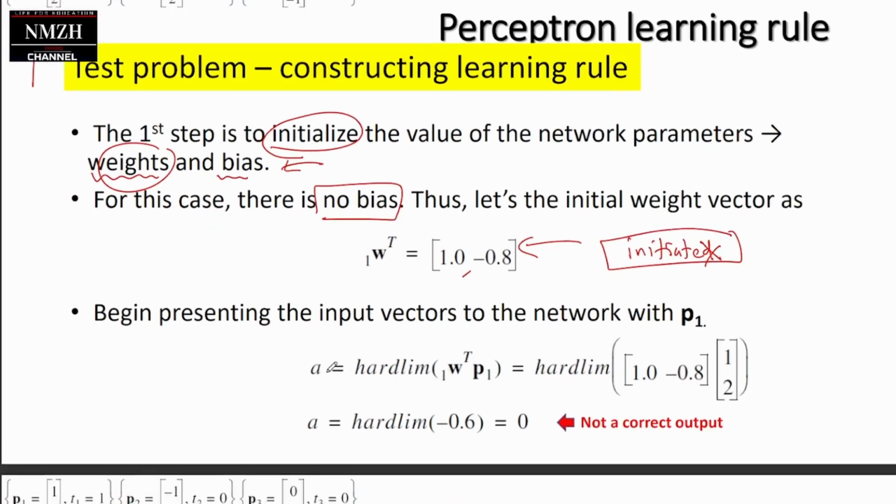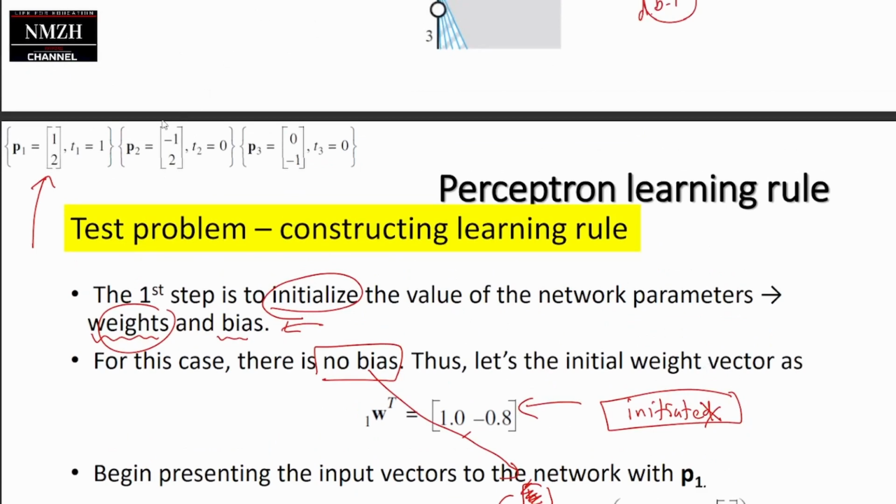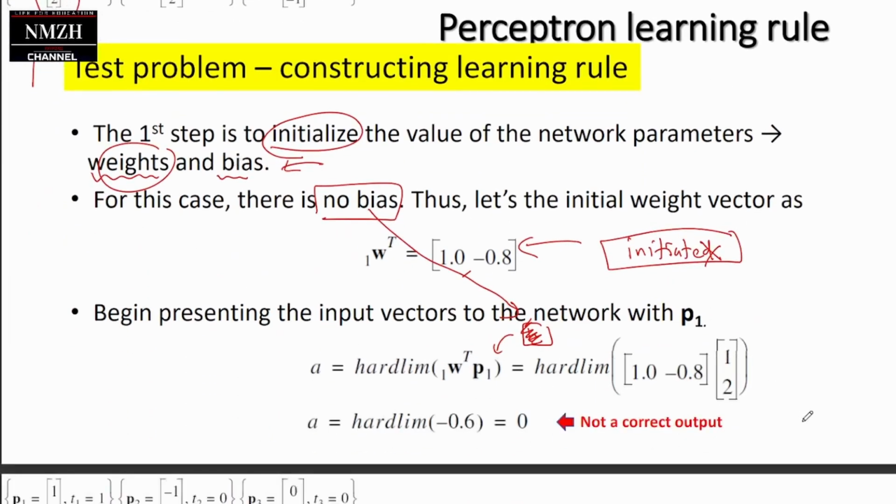Remember the hard limit is basically W transpose P. Why doesn't it have the b? Because it is free from bias, so we don't have this. Now the weight that we initiated is 1.0 and minus 0.8. The input given is 1 and 2, so we put here 1 2.